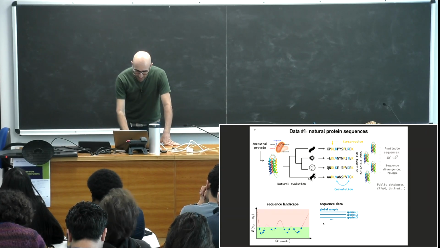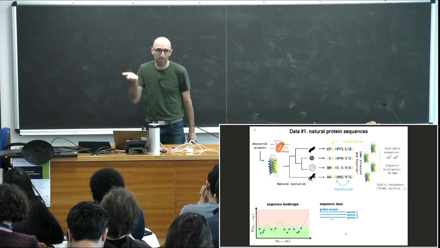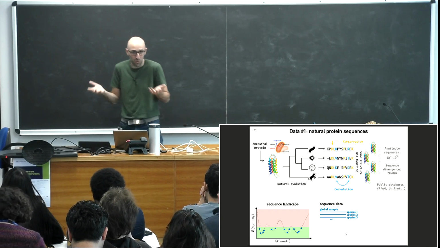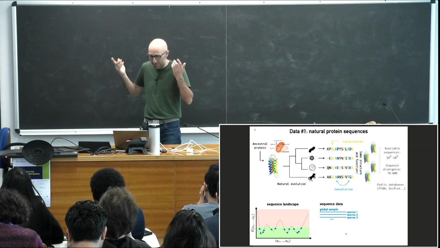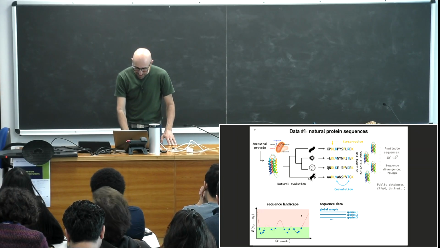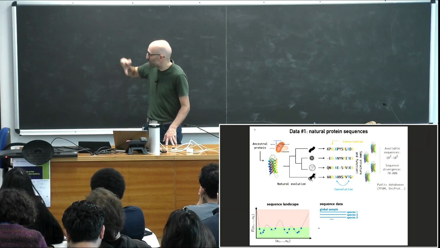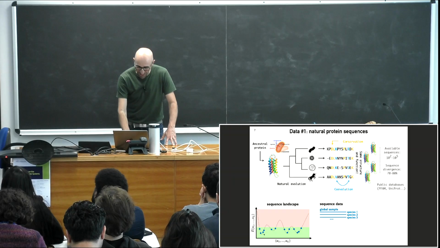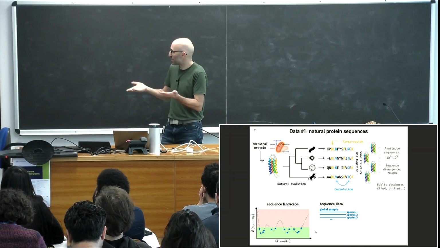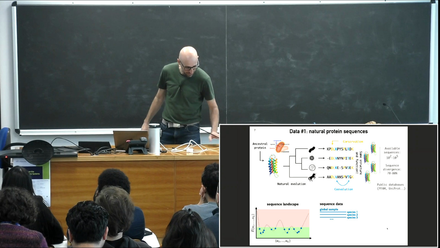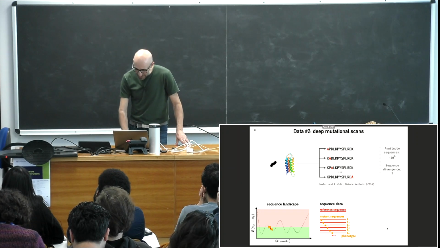So the idea will be that the model will give high probability to the natural sequences with the idea in mind that these are sequences that work. So we want to give high probability to the things that work. In statistical physics language, energy is minus log probability, so high probability means low energy. So the idea is we try to learn our model in such a way that the natural sequences will have low energy.